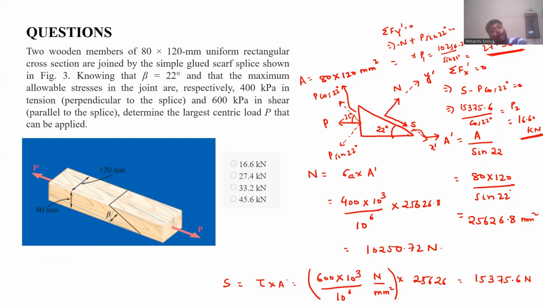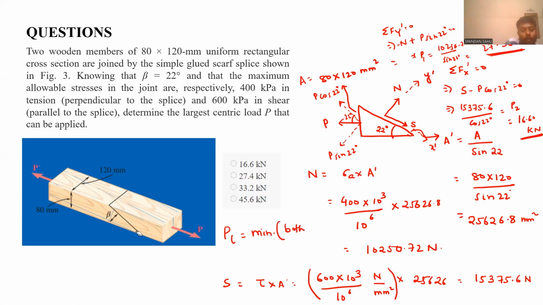And if we apply 16.6 kilonewton, then in neither case, neither in normal nor in shear, is it failing. So that means the P load will be equal to the minimum of both.